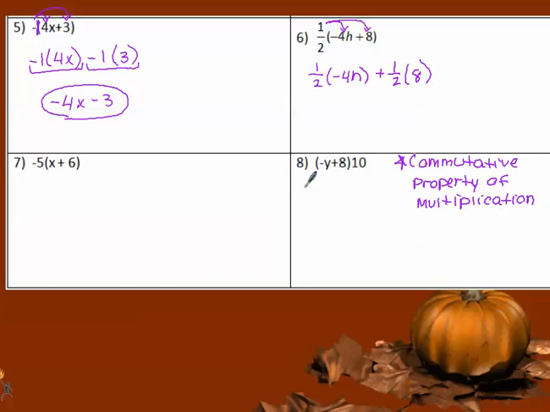Because we can rewrite this. So we're going to rewrite it as 10, I'm just going to move it, negative y plus 8.